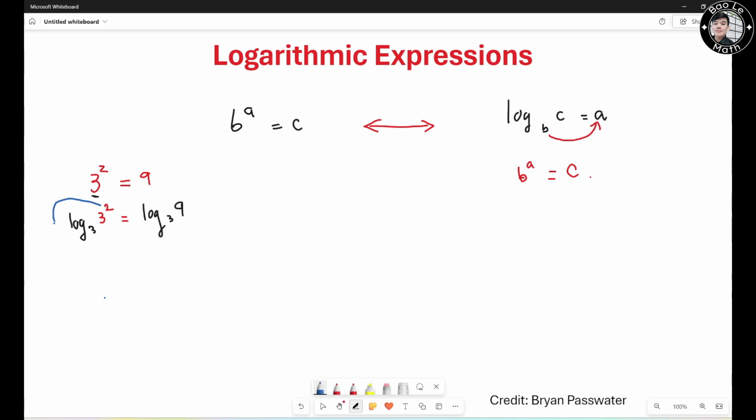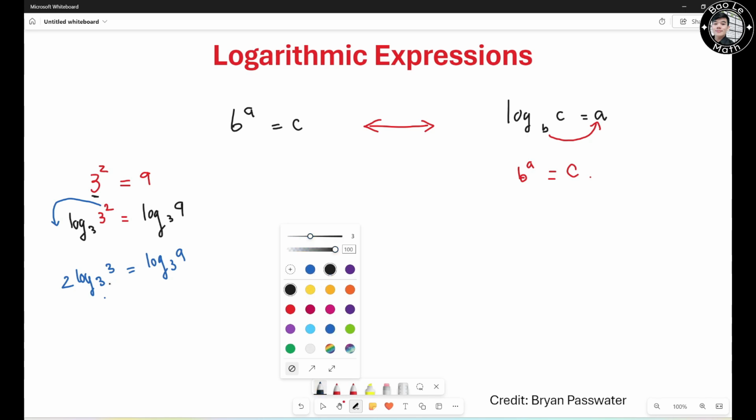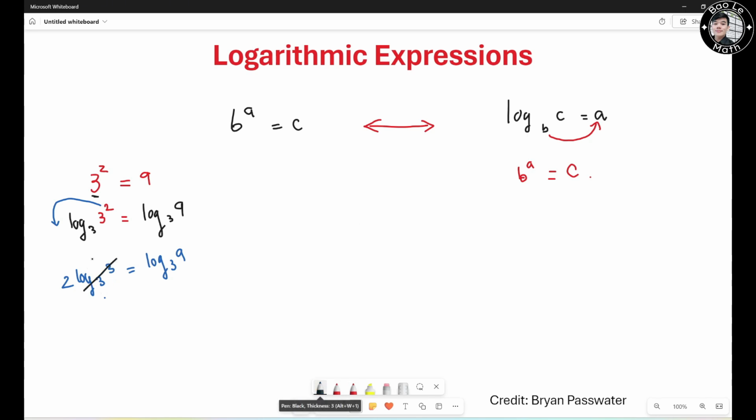Now, 2 I bring to the front. So it's going to be 2 log base 3 of 3 equals log base 3 of 9. Alright, so log base 3 of 3 equals 1. So the left hand side should be 2 equals log base 3 of 9. Done. Alright, let's take a look at the next example.